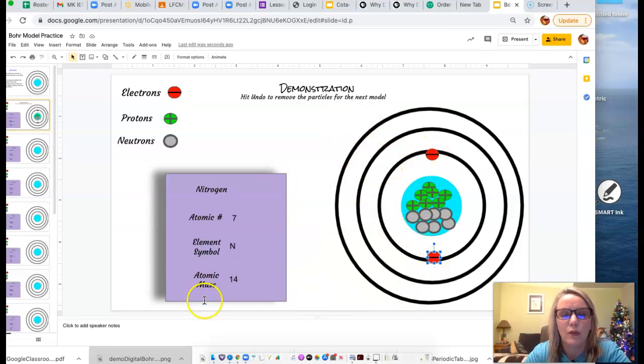We're trying to get to 7, right? So that means we would need 1, and I just go around the circle, 2, 3, 4. Now we've got 1, 2, 3, 4, 5, 6. We need 1 more.